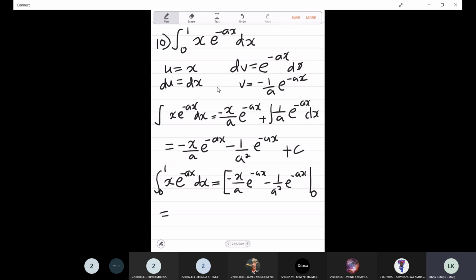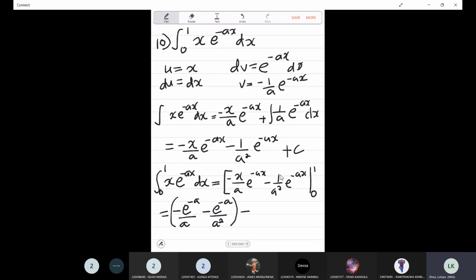So here you just substitute the way you always do, from 0 to 1. Okay, so we substitute 1, we have minus e to the power of minus a over a minus 1 over a squared. I shouldn't put 1 in the numerator. And then I have e to the power of minus a.